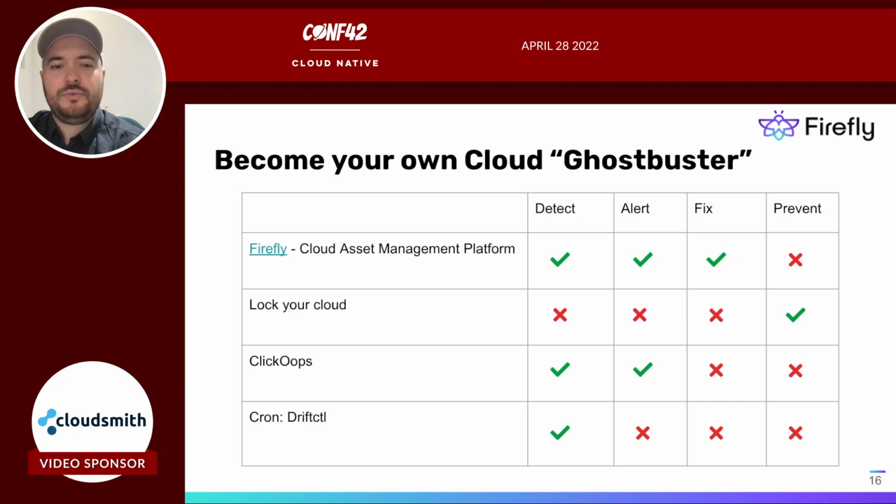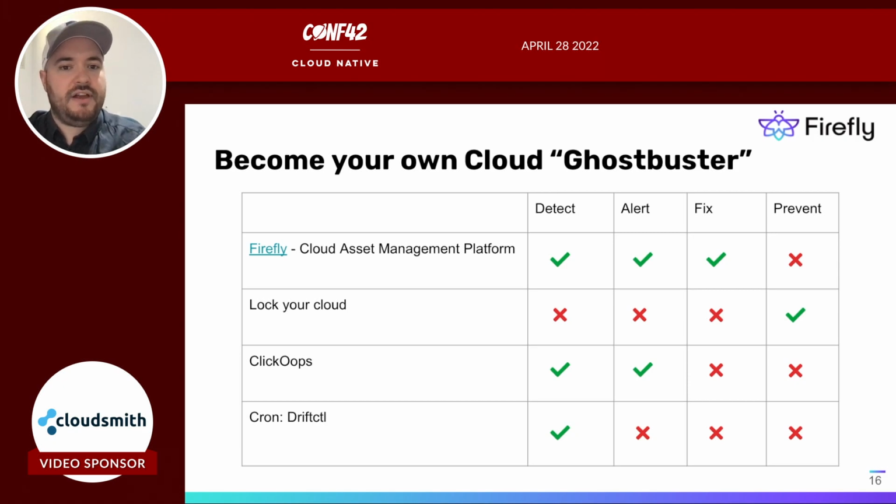We'll start with our SaaS solution, Firefly, for which we have a completely free tier. No credit card needed. You can start using it today, and it supports the detection, alerting, and fixing of ghost assets. We'll talk about prevention that can be achieved by locking your cloud for any ClickOps activity.